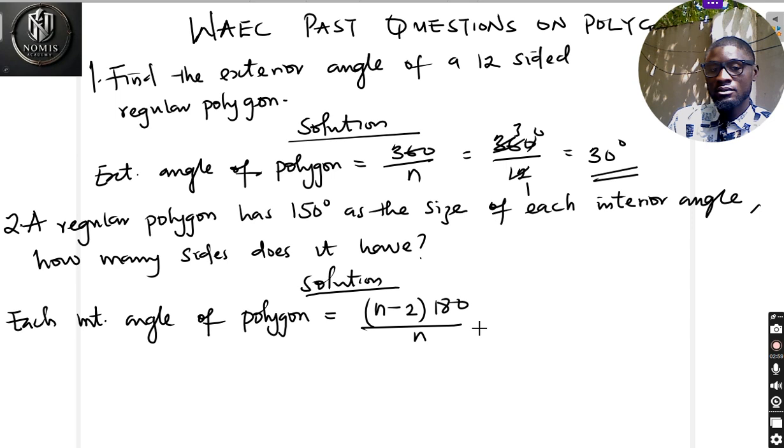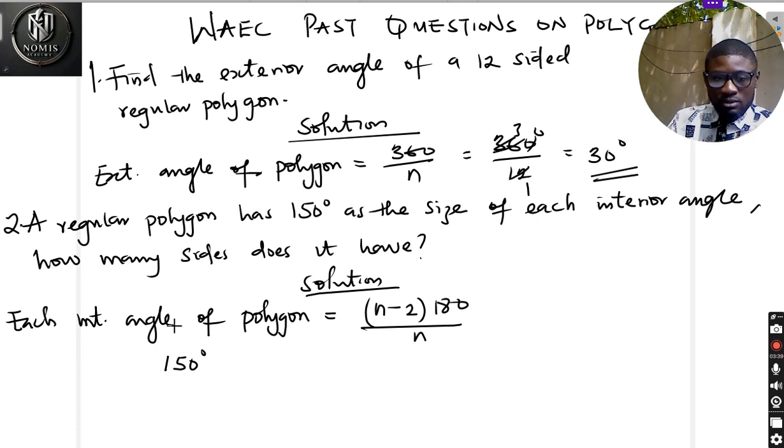So the angle has been given. We just need to find the value of n. The angle is 150. Note that it has to be a regular polygon, otherwise the formula cannot be used. Remember that this formula only works for a regular polygon, meaning that the sides of the polygon are equal.